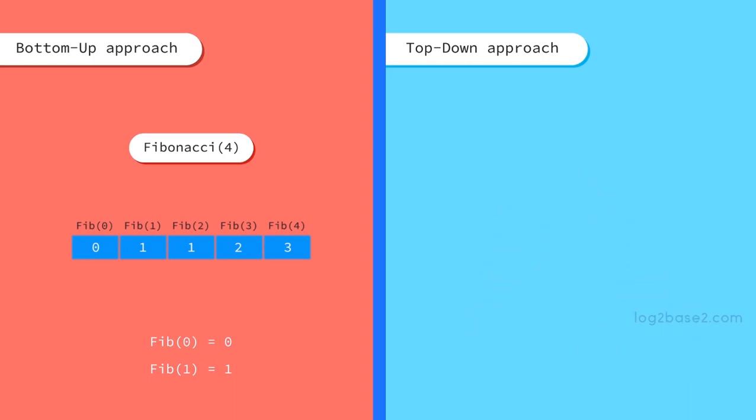The general formula to find the nth Fibonacci number is fib of n equal to fib of n minus 1 plus fib of n minus 2. So to find fib of 4, the top-down approach will call fib of 4 minus 1, that is 3, and fib of 4 minus 2, that is 2. Similarly, fib of 3 will call fib of 3 minus 1, that is fib of 2, and fib of 3 minus 2, that is fib of 1.